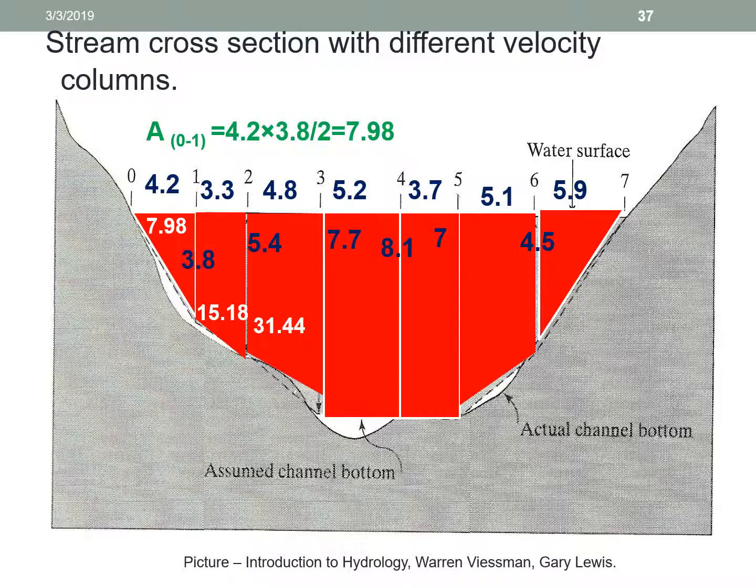The trapezoid for area 3 will be 31.44. The next area will be 41.34. The next area 27.94. The next area will be 29.32. The last area 13.28. So please pause your video here one more time. Try to find all of the numbers and then proceed to the next slide.